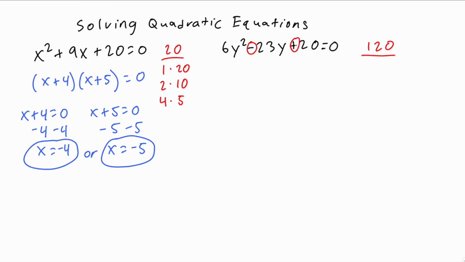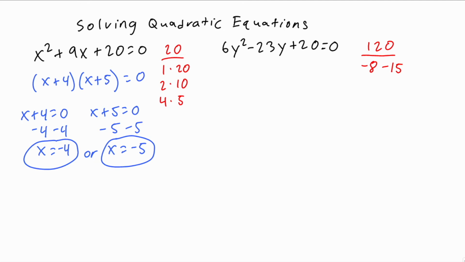The plus tells us it's going to be the same sign, and that negative tells us they're going to both be negative. So if you go through all the factor pairs, you eventually will find negative 8 and negative 15 multiply to 120, but add to negative 23.